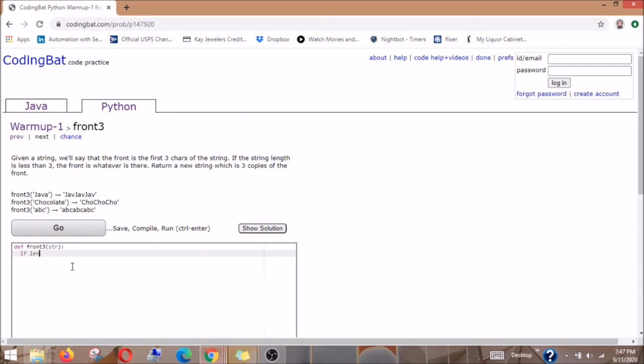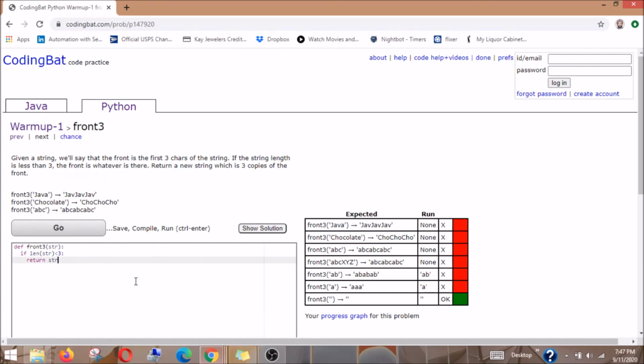So first we have to find if the length of str is less than 3, then return str. Okay, this should work on some of them. So blank already came off.